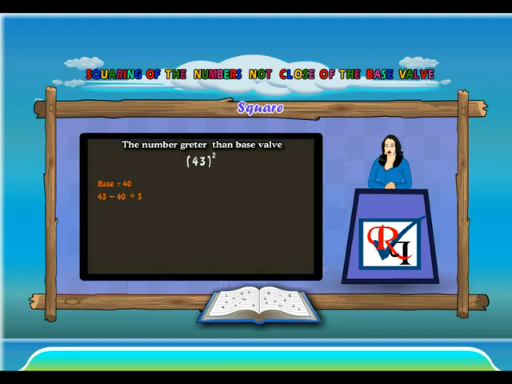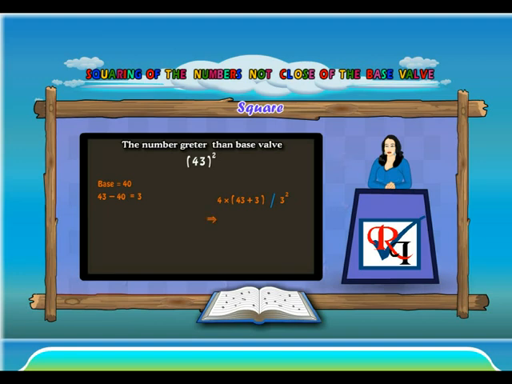Now, as our base is 40, we write 4 like this and multiply with 43 plus 3. Remember, we add 3 to 43 because the difference of 40 and 43 is 3. And after that, the square of 3 again, which comes from the difference of 43 and 40, that is 3. Okay.